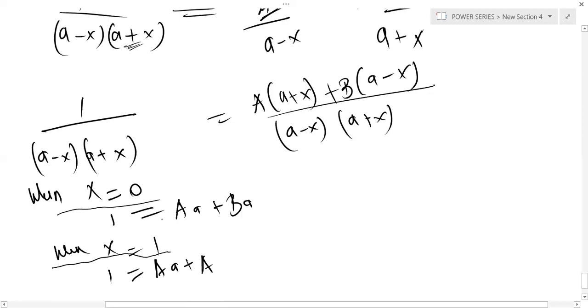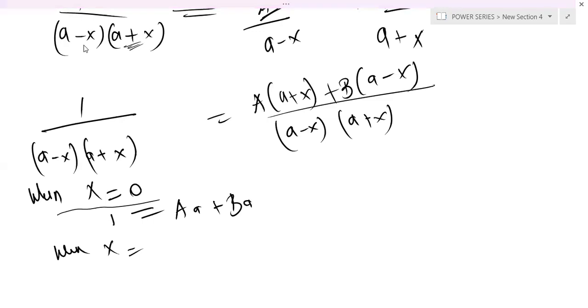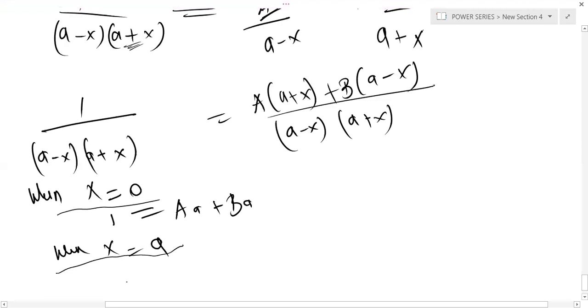No, let's say when x is a, so that it gives us something more simplified. Instead of 1, let me use a, because x can be any constant. When x is a, what are we going to have? So 1 on this side. When x is a, we are going to have 2a here. And a minus a will give us 0, so the whole of this will disappear.